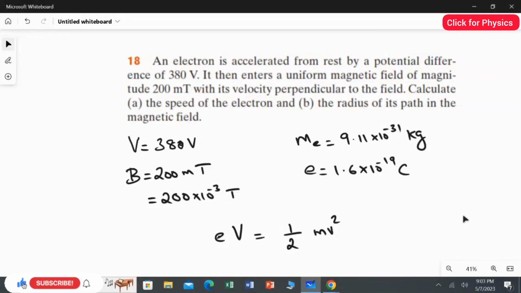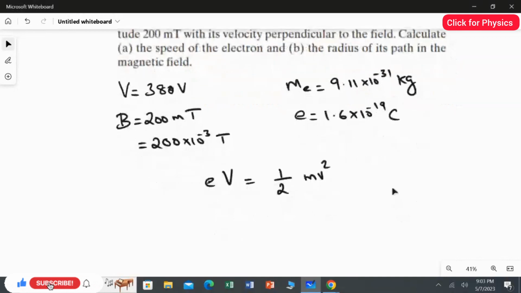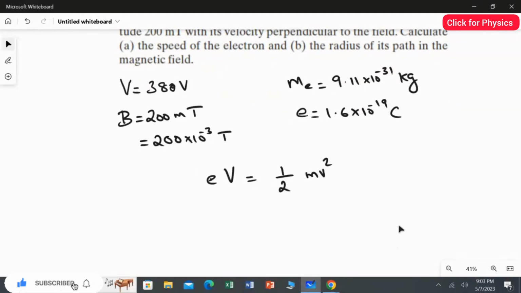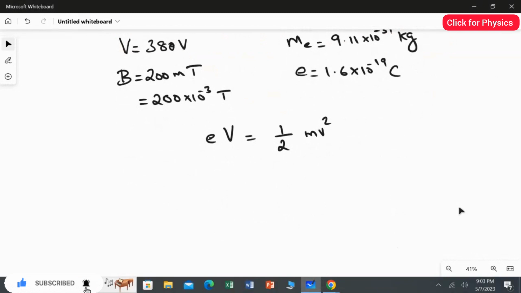Now we are going to use this formula and rearrange it in terms of speed. v square is equal to 2 multiplied by the charge of the electron multiplied by the potential difference, divided by the mass of the electron, m_e. Now I'm going to take the square root on both sides for calculating the speed.